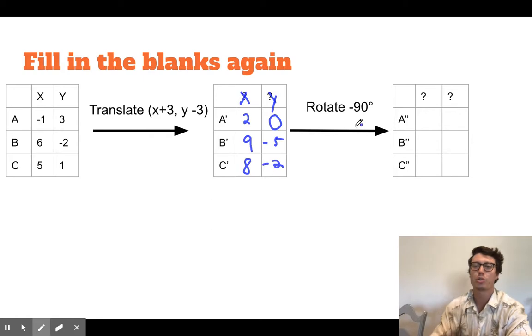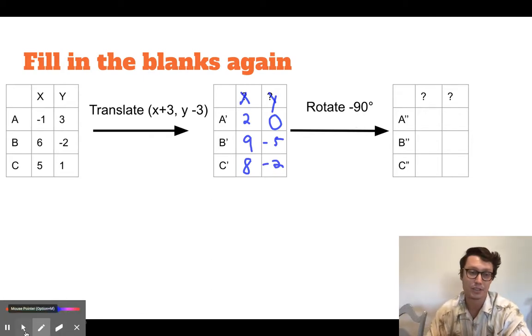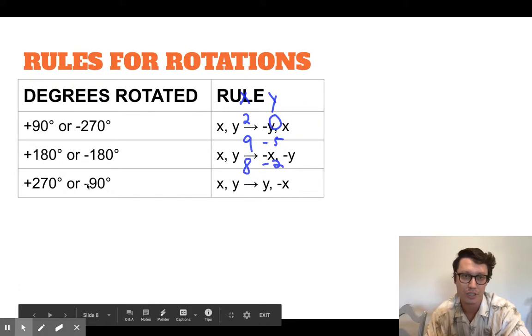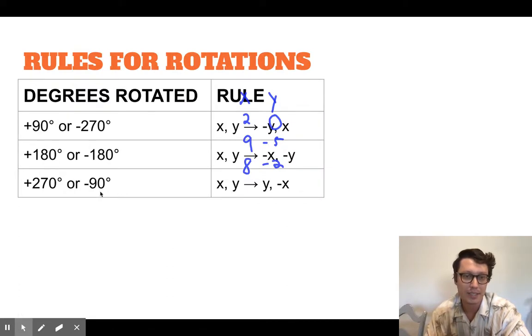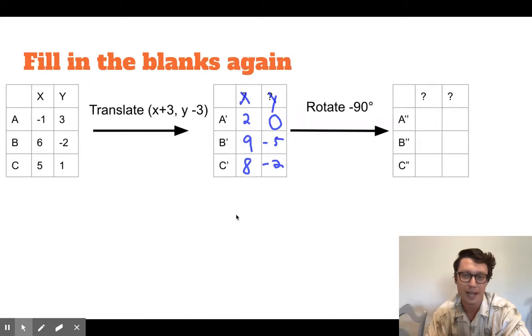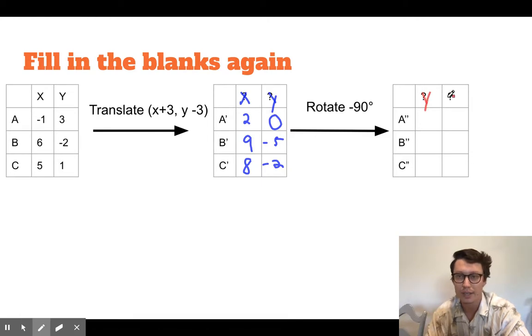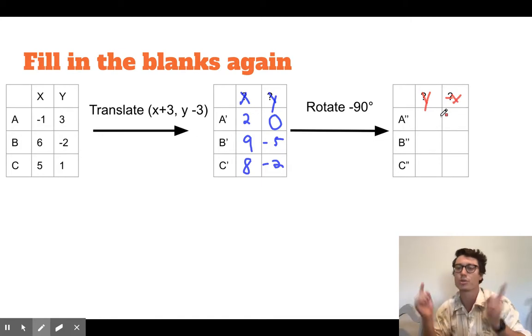Now it says to rotate -90 degrees. So again, if you don't know, I would just scroll back to rotation. For -90, (x, y) changes to (y, -x). So we write that in a new color. It changes to (y, -x) for -90. Okay, so we're going to switch those numbers, and then our x numbers change sign.